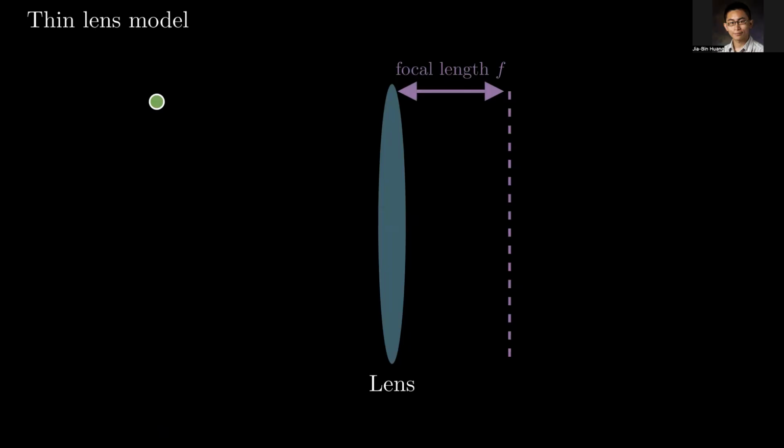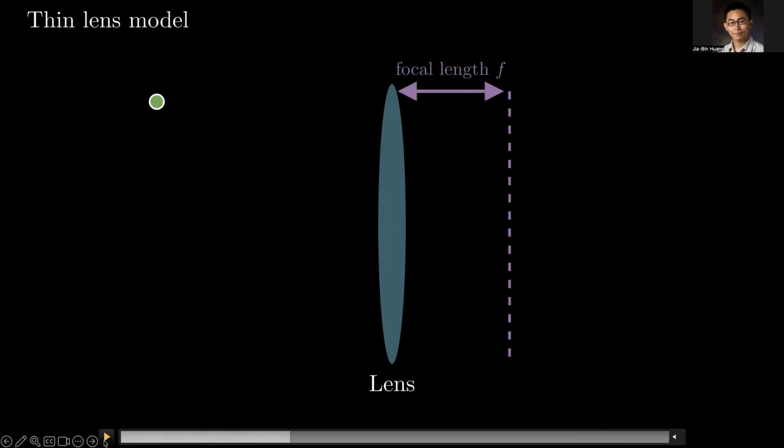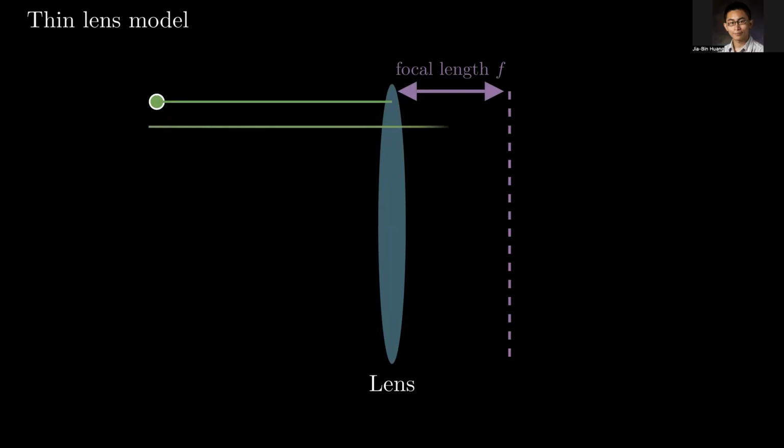This is about parallel rays, but what we care about is a single point, right? A single point where all the rays can come from, maybe this light ray. How do we determine where this point will converge to?